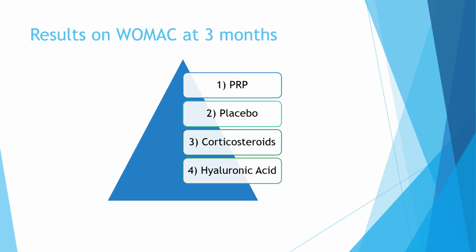So WOMAC at 3 months, the PRP injection had the best results and most pain relief and biggest increase in functionality. This was followed by placebo. And then coming in third was a corticosteroid injection, and fourth is hyaluronic acid injections on the WOMAC 3-month follow-up.